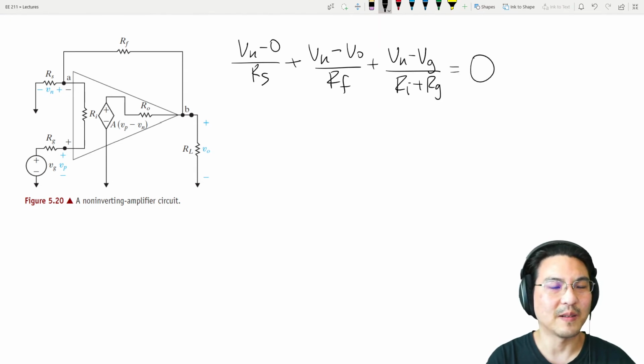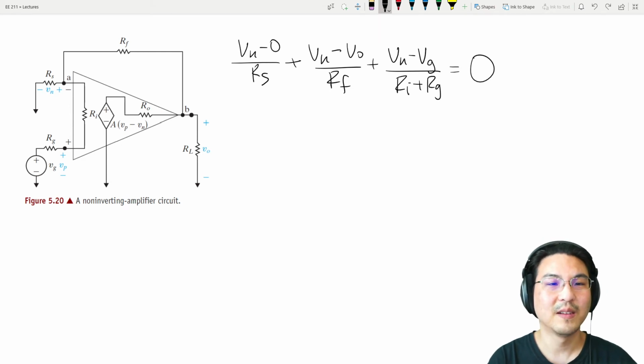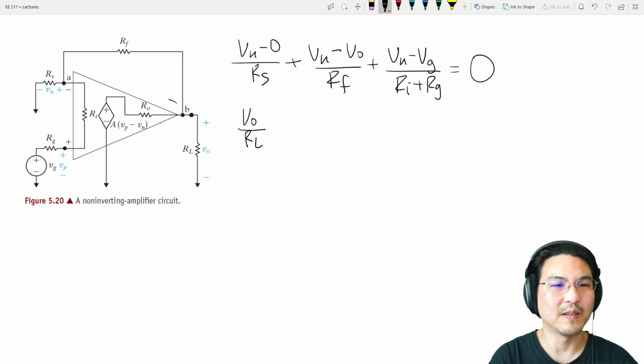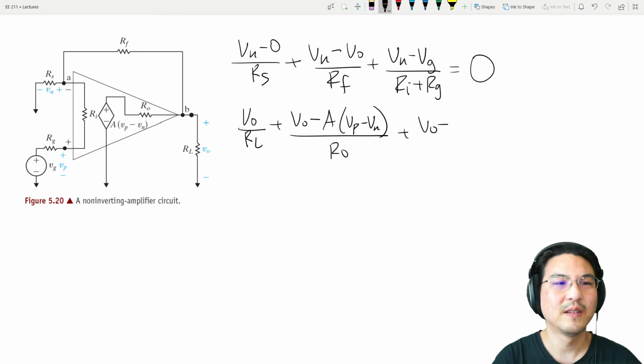Okay, now let's take a look at right here, KCL at node B. So let's find the current this way. That's Vo over RL. And then the current this way, Vo minus, okay, it's 0 over here, and over here is A times Vp minus Vn over Ro, and then the current here, Vo minus Vn over Rf.